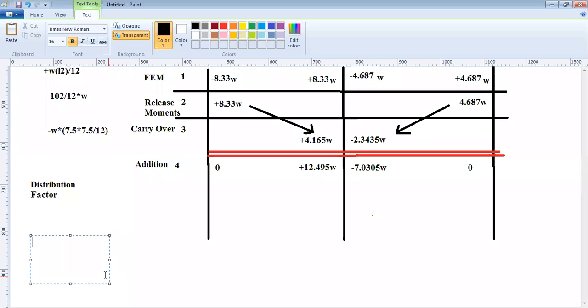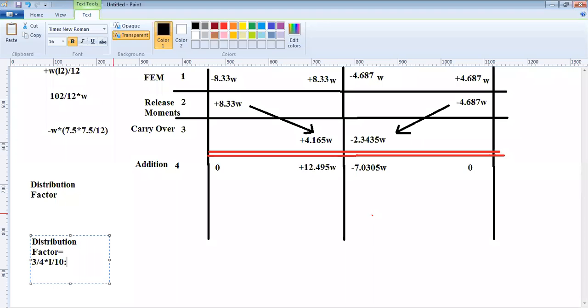What will be the distribution factor? How do you calculate it? We calculated it last time around. Because both these beams are simply supported at one end and continuous at the other end, the stiffness of AB will be 3/4 times I by length.